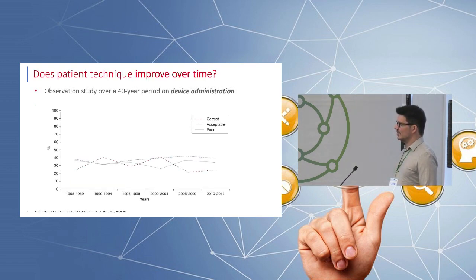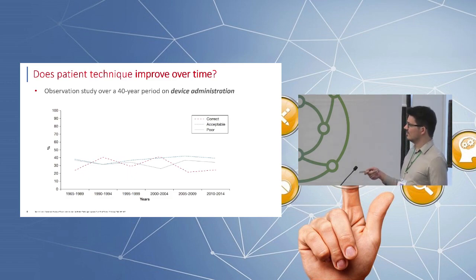On this study, basically they observed the administration technique of the patients over a 40-year period. And you can see there are 3 different lines, in which the outcome was a correct administration, an acceptable administration, or a poor one. But what I'm trying to point out here is that you can see there's a flat line.